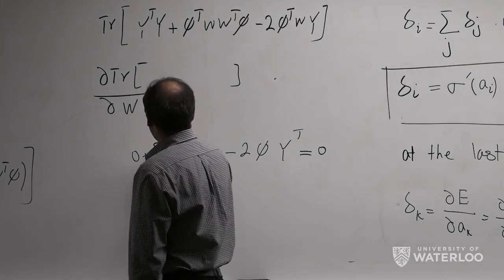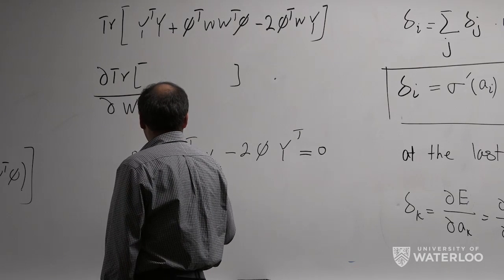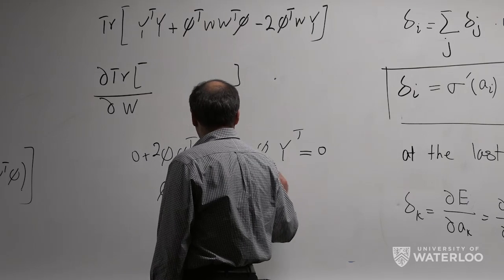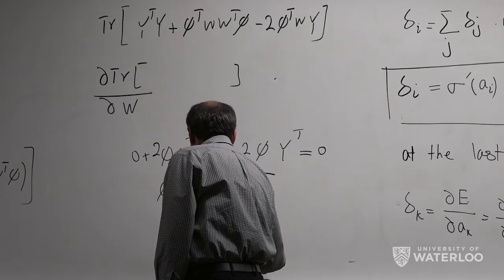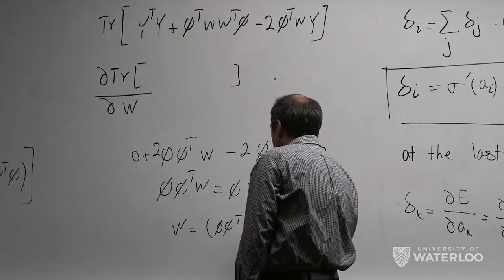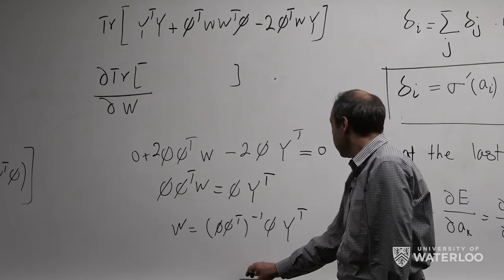And this one has 2 as well, because that was quadratic. So it means phi transpose W is phi y transpose. So it means W is phi transpose inverse, multiply the inverse from both sides, phi y transpose. That's your W.